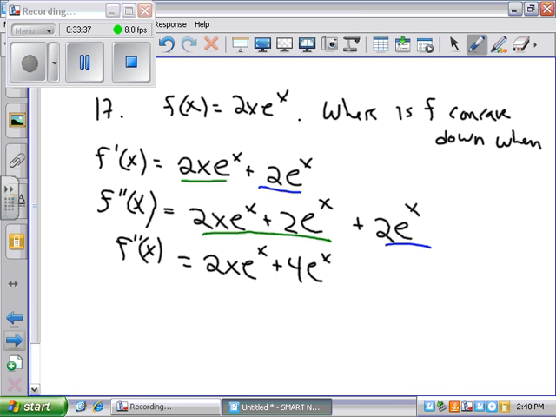And you want to know when this thing's positive or negative. You have to first find out when it could change sign. So it's when it's undefined, which is never, or when it's 0. So how are you going to find out when it's 0? To find out when anything equals 0, you have to factor it. Well, e to the x will never be 0. A positive base to an x will never be 0.